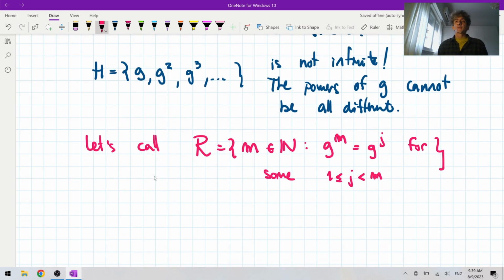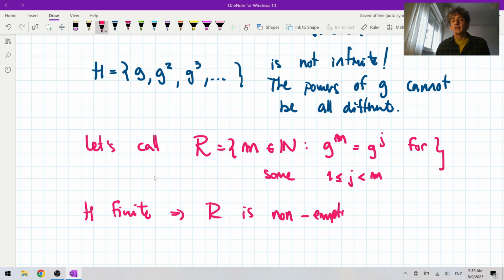Okay, so for what you have seen, H finite means that R is non-empty.